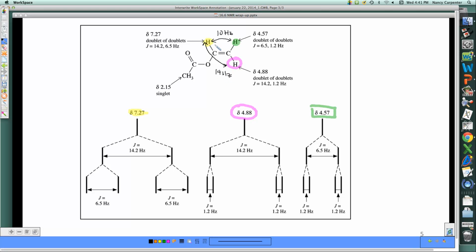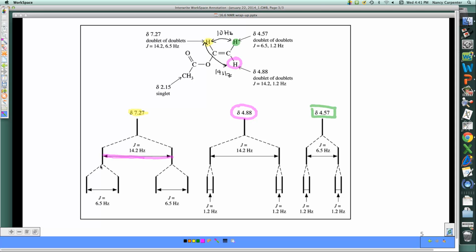So looking at yellow, we can see that it is split by the pink guy here. The pink coupling constant is really huge, 14 Hertz. So the 7.27 chemical shift is converted into a doublet by its coupling with the pink hydrogen.